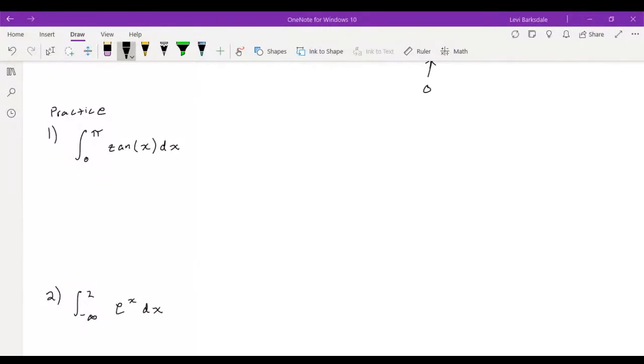So here's a couple of practice problems. Looks like I was disconnected for a second, but I'm giving fairly simple integrals like e to the x because I want you to focus mostly just on getting the improper integrals and the limit statements correct. So I'll give you a couple minutes to work on those.